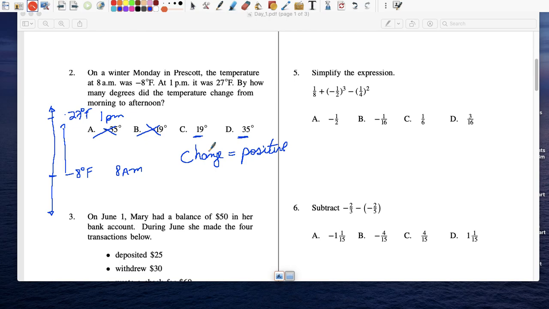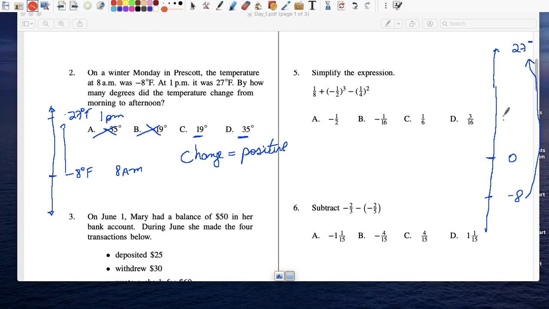One of the two. Now, let me draw a better number line than that one, and maybe you can understand it a little bit more. Let's say this is 0 degrees, and over here is negative 8. And over here on the top, it's 27 degrees. They're asking what was the change to go from negative 8 all the way to positive 27.